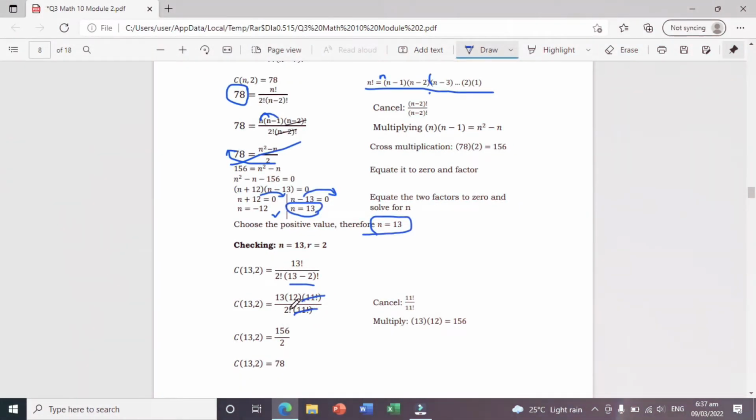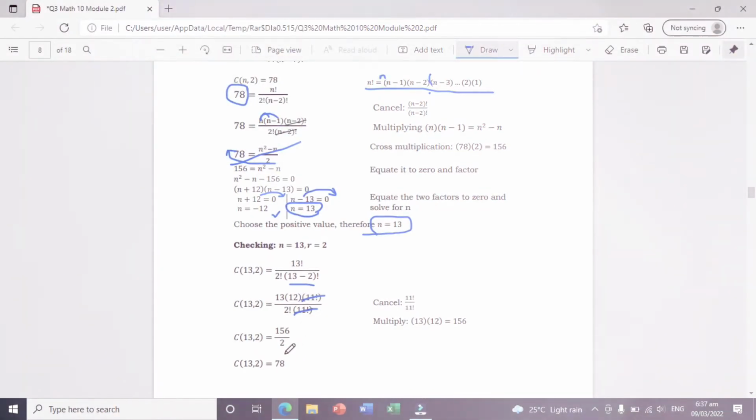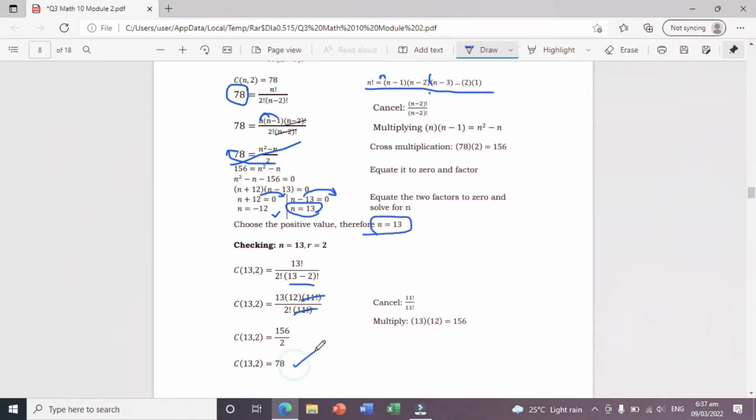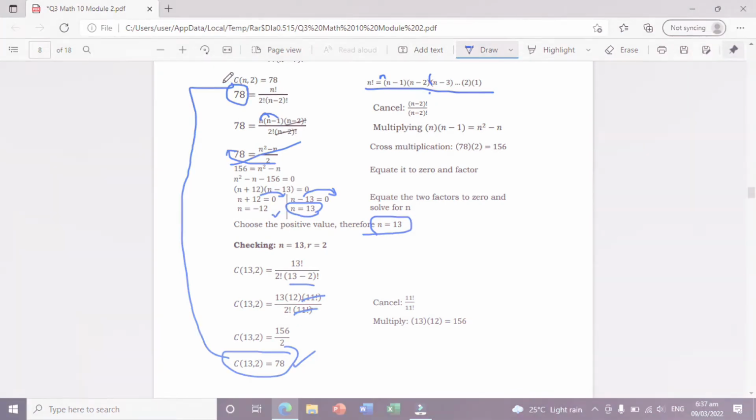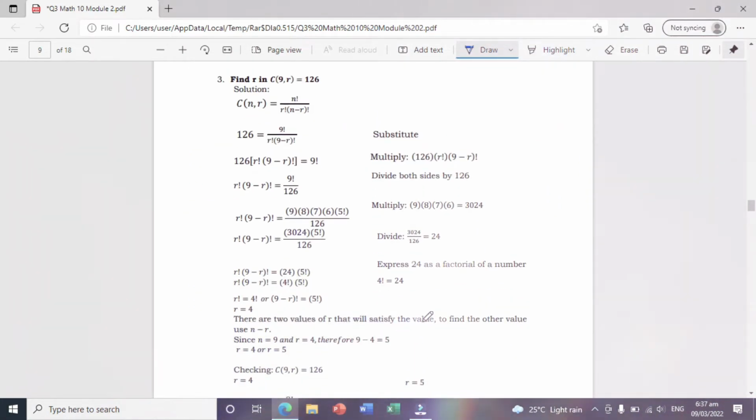So, 13 times 12 is 156, while 2 factorial, 2 times 1 is 2. So, 156 divided by 2 is 78. So, it checks that our answer earlier coincides with the problem.